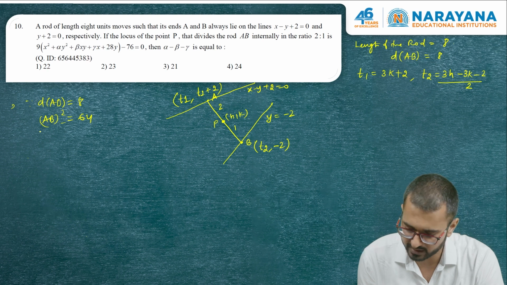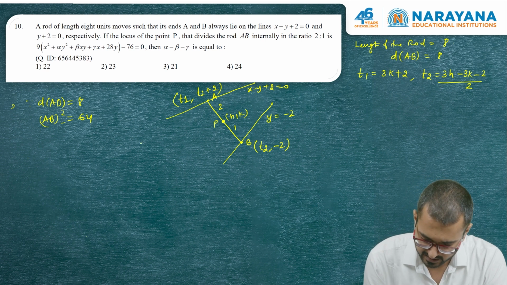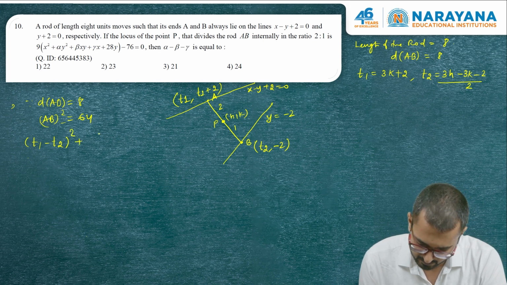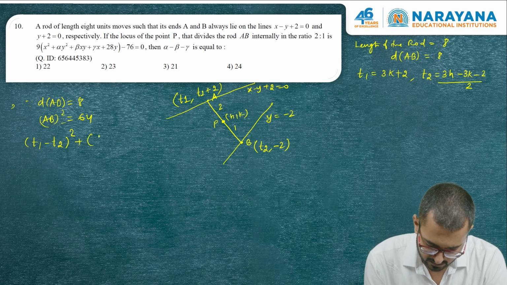So AB square, using the distance formula, is t1 minus t2 the whole square plus t1 plus 4 square.